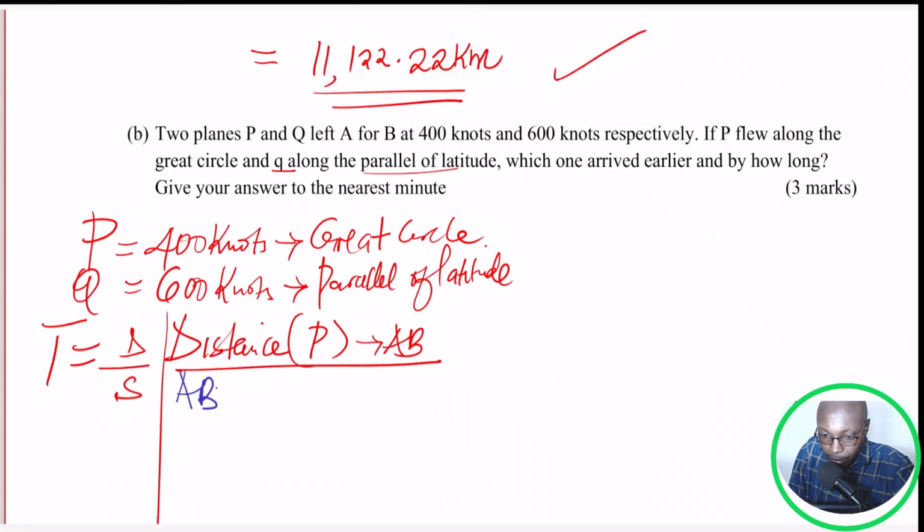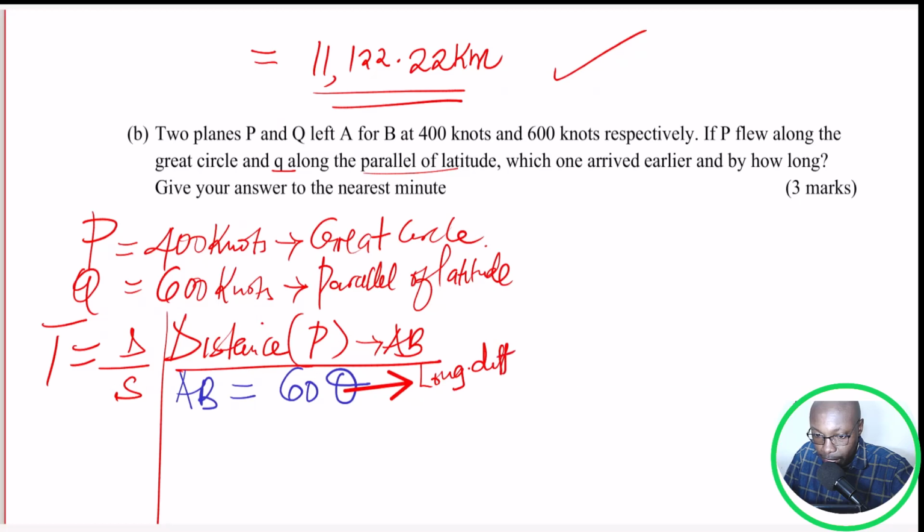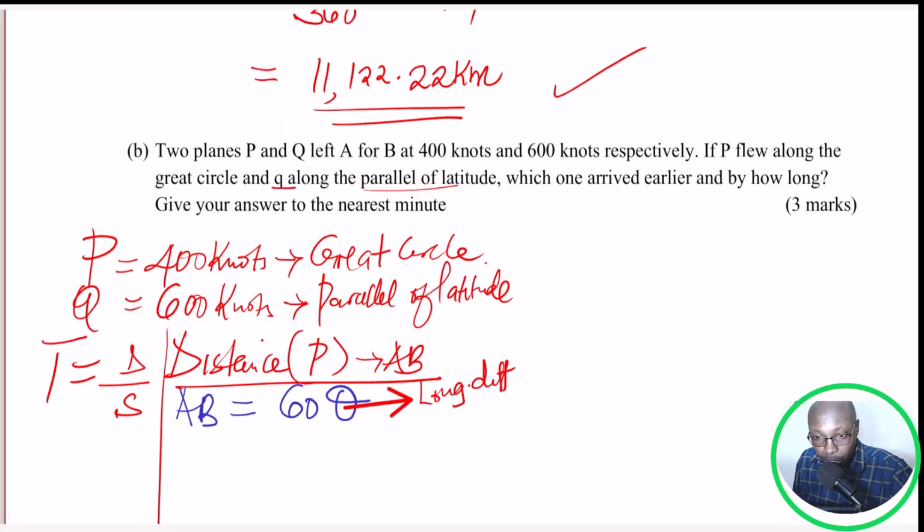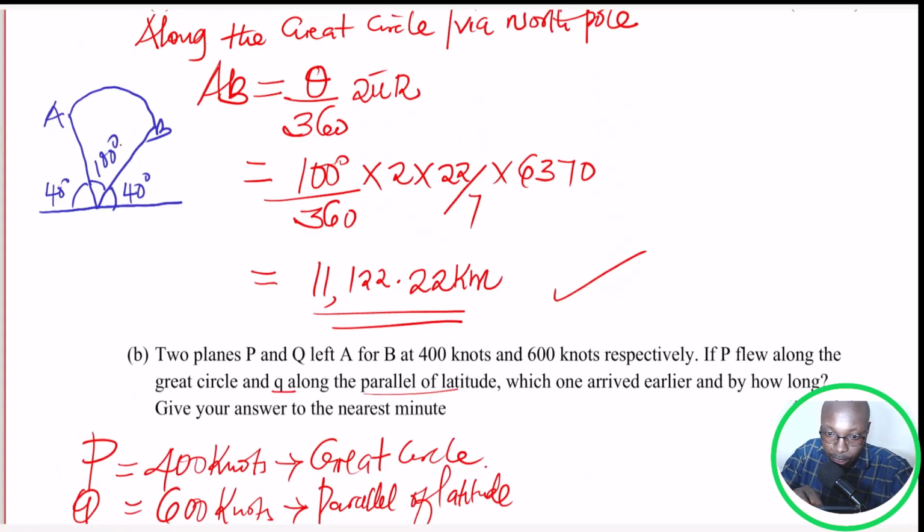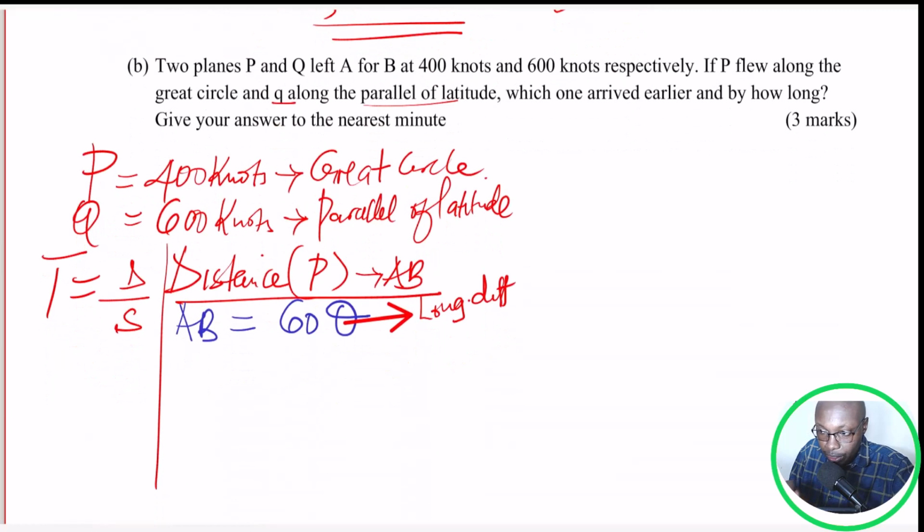Distance AB will be given by 60 theta, where theta is the longitude difference. And what is the longitude difference along the great circle? We got that as 100 degrees. So therefore distance will be given by 60 times 100 degrees, and this will give 6,000 nautical miles.